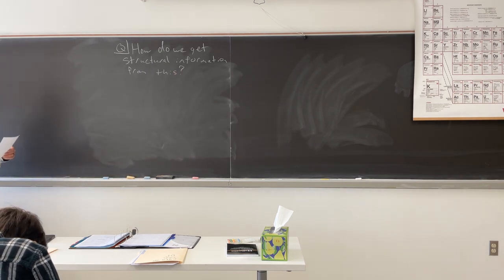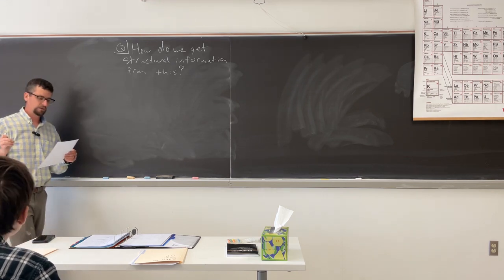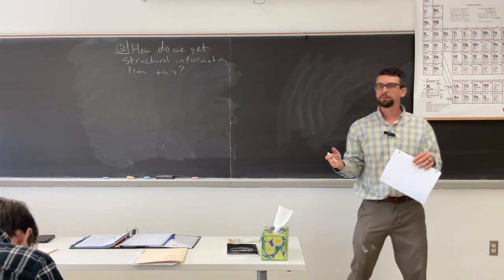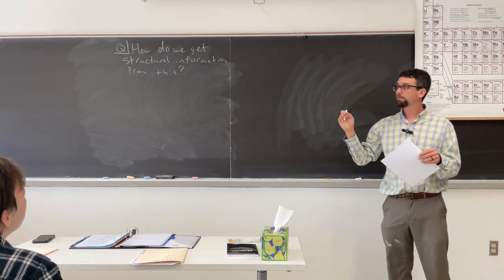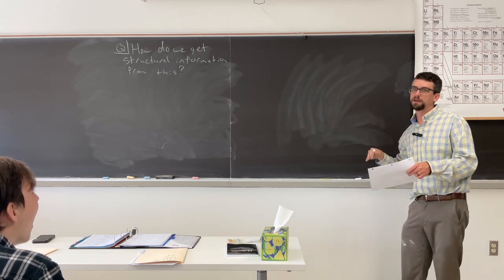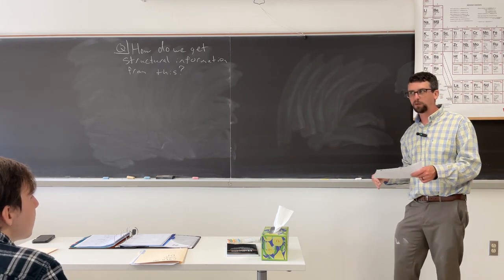So what we need is an expression to derive the distances between planes in a crystal based upon Miller indices. That way, if we look along different angles, we can get more information.